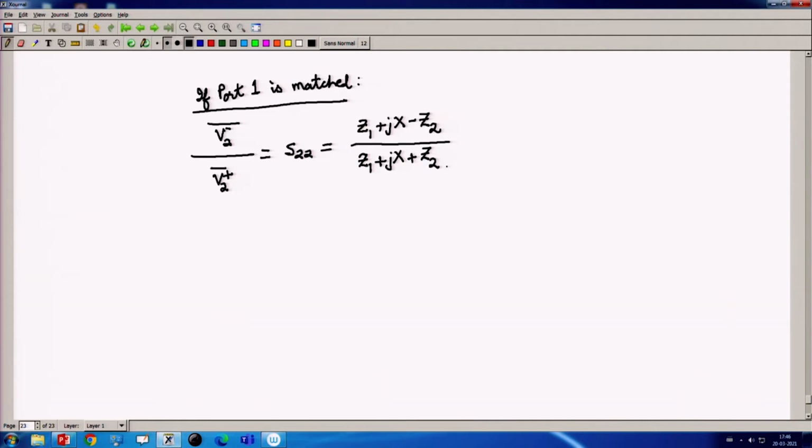Now, these are the values of S11 and S22.